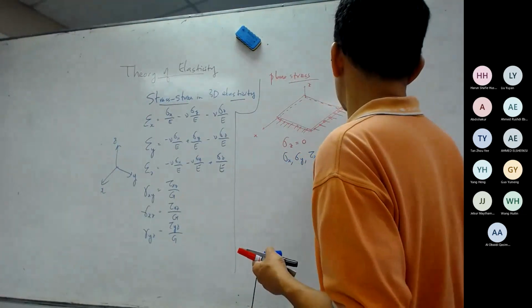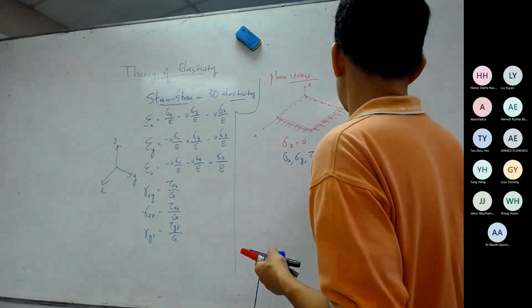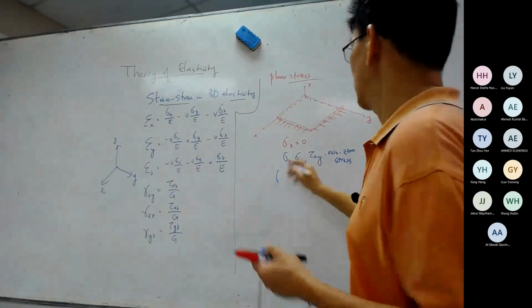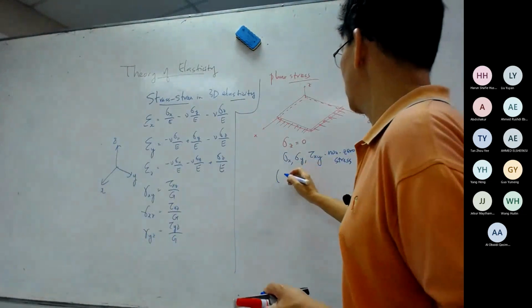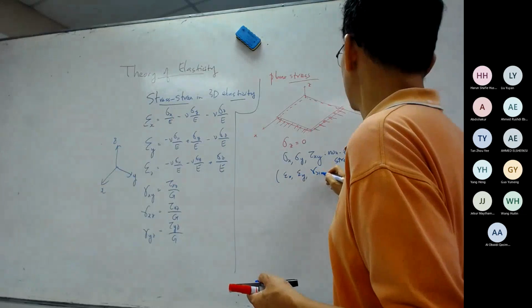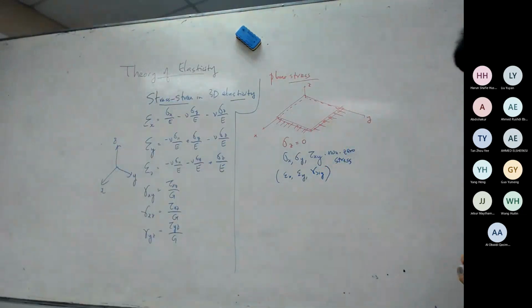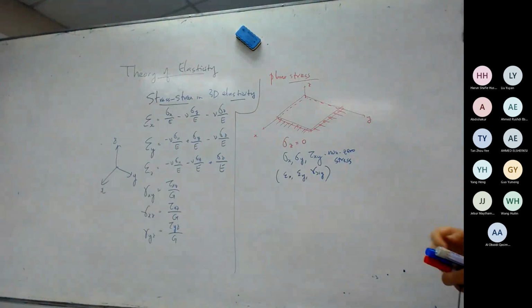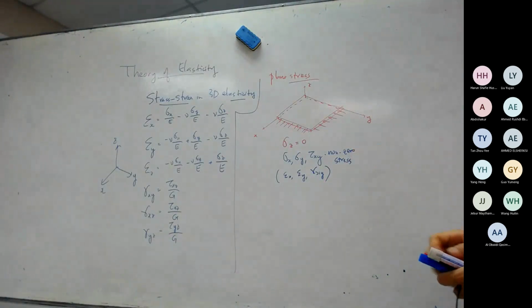These are non-zero stresses. And correspondingly, of course, we have deformation, so you have the strains, epsilon x, epsilon y, gamma xy. Okay. These are the non-zero stresses and the corresponding non-zero strains. Okay.